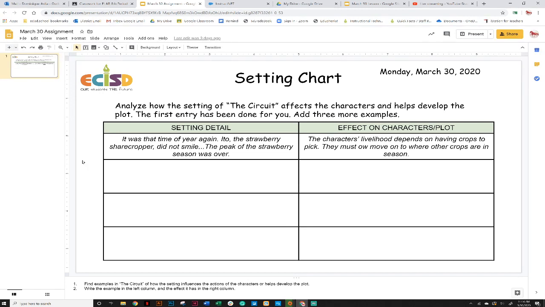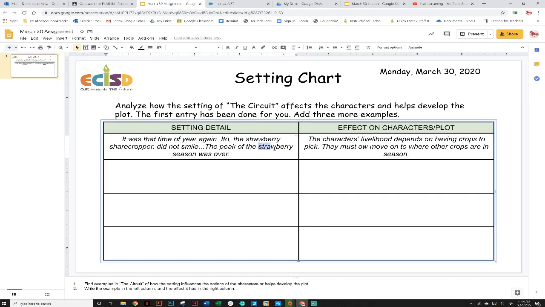So the setting detail that we chose was, it was that time of year again. Ethel, the strawberry sharecropper, did not smile. The peak of strawberry season was over. So this detail, it was strawberry season. That's the setting detail. So how did this have an effect on the characters or plot of the story?